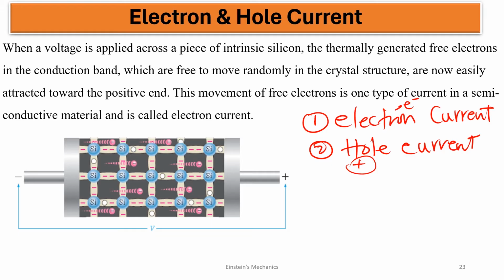So how do we get the electrons to produce the current? This is a diode, as we can see here. First, it is in its intrinsic state, meaning the pure state, which means there is no doping, no foreign material has been added.